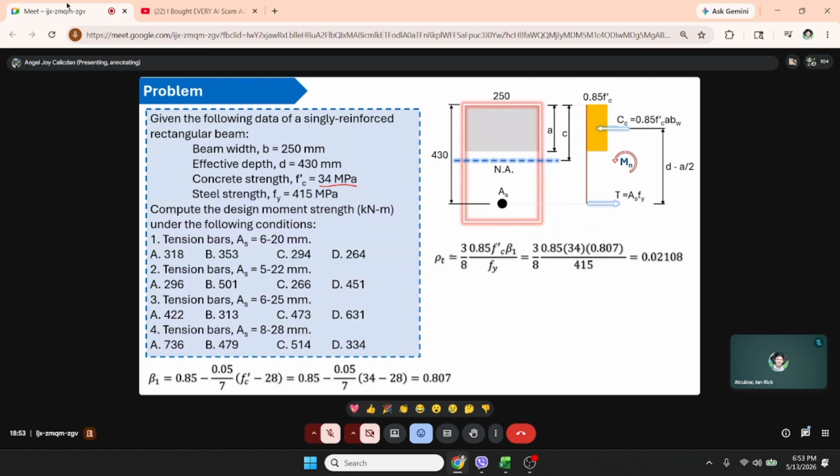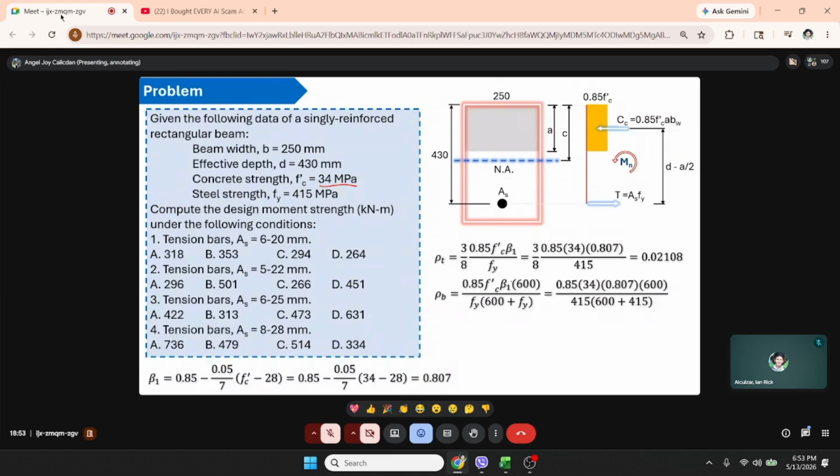So, for tension control, this is the formula: 3 over 8 times 0.85 times fc prime, which is 34, times beta 1 na nasolve kanina, 0.807, all over fy na 415. So we have rho sa tension controlled is 0.02108.